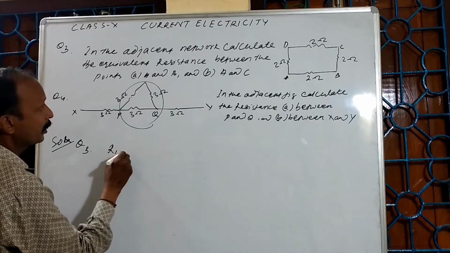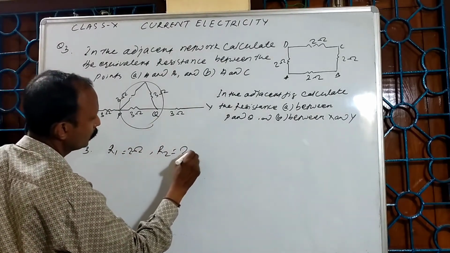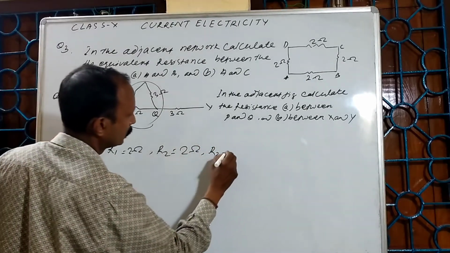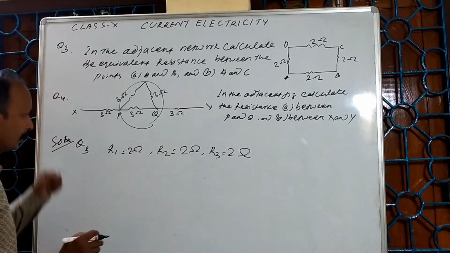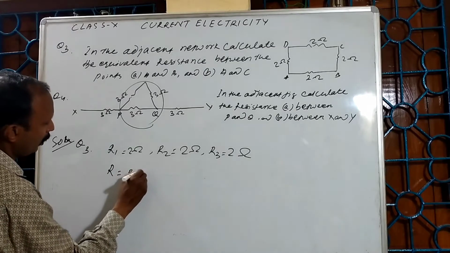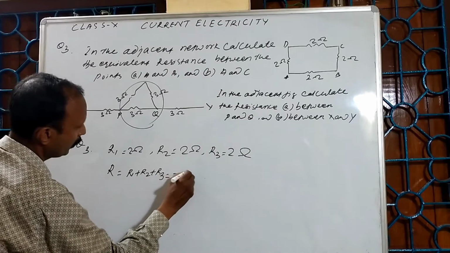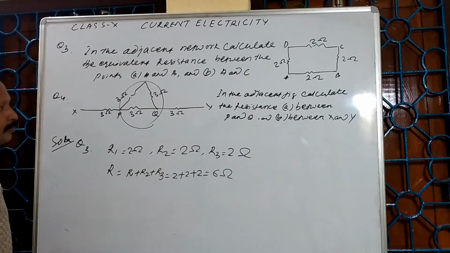So R1 is equal to 2 ohm, R2 is equal to 2 ohm, R3 is equal to 2 ohm. So I can say that this R is equal to R1 plus R2 plus R3 is equal to 2 plus 2 plus 2 is equal to 6 ohm.